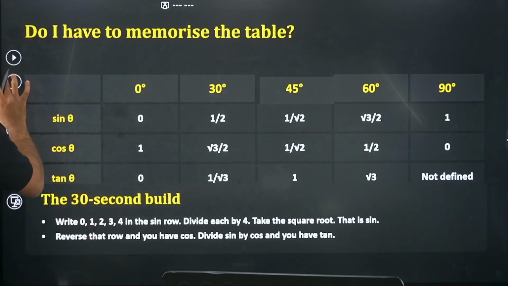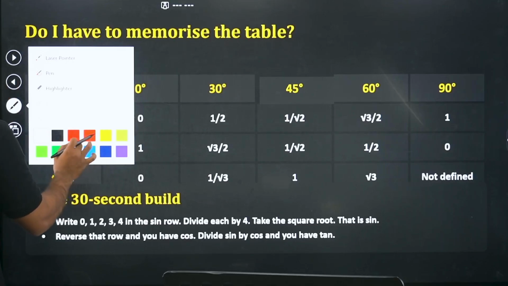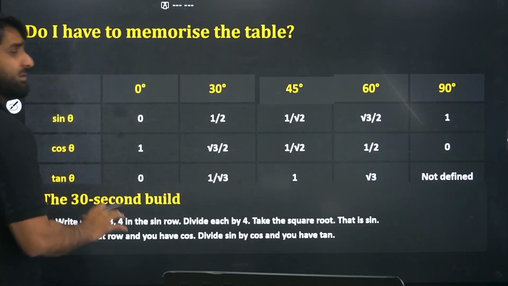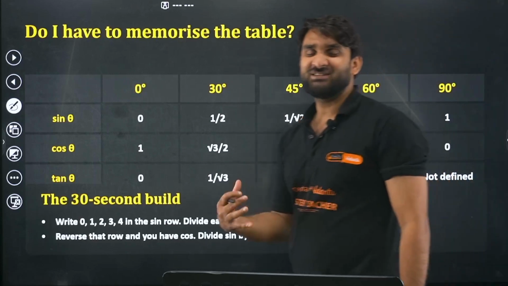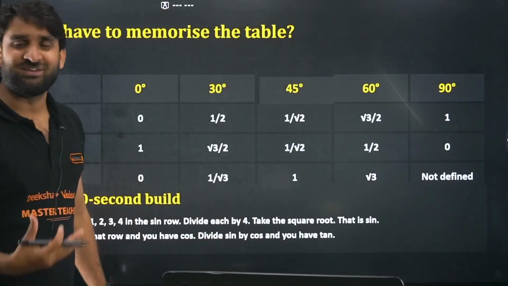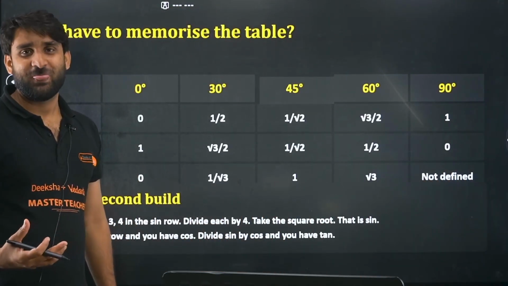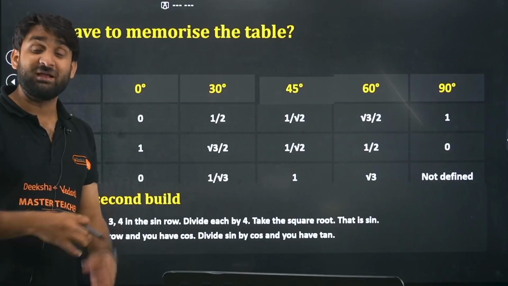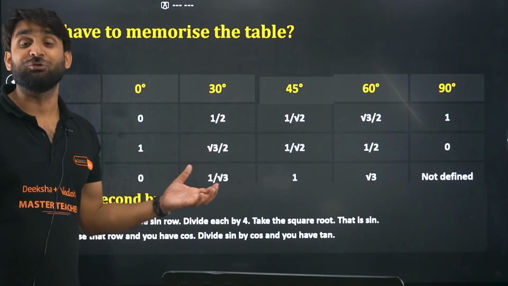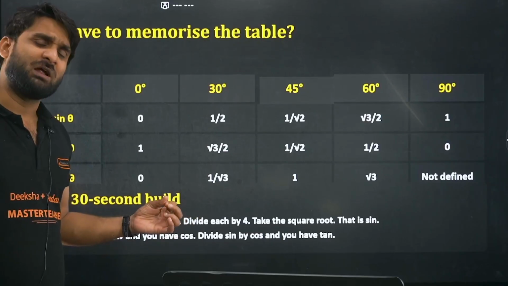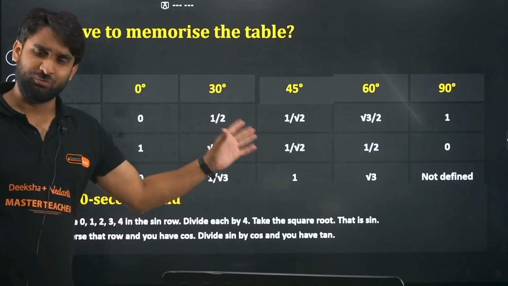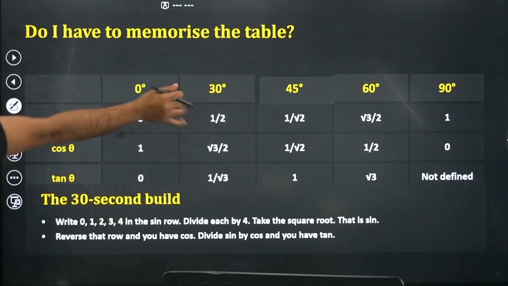Now some students used to memorize this instead of understanding the short trick, so that you can make this table in the examination hall. You require only 20, 30, 40 seconds to make this table. How? Listen.